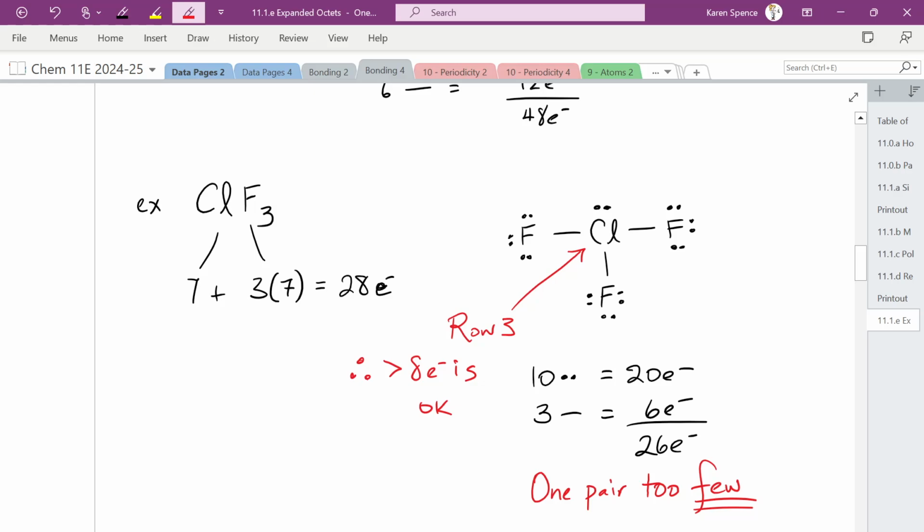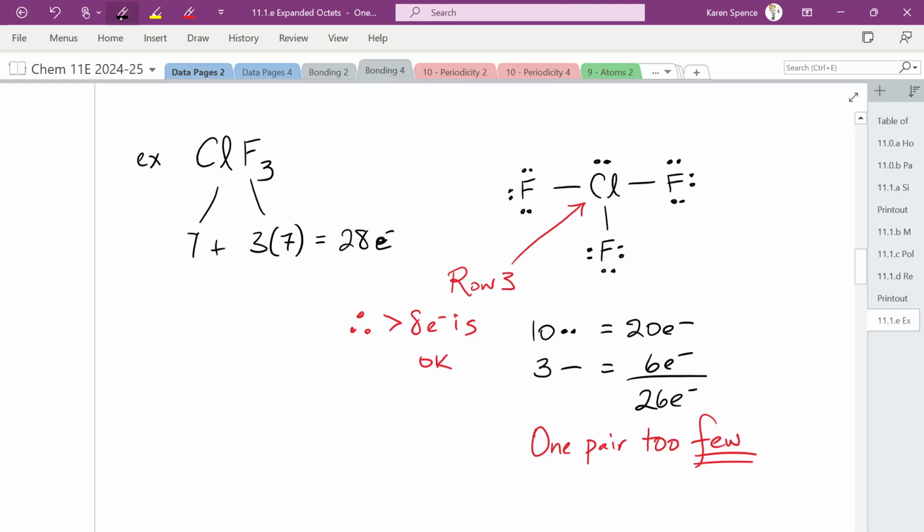So check out your central atom, make sure it can accommodate more than 8, that it's in row 3 or below, and then you can say, okay, I got Cl. Instead of having just 1 pair at the top, I'm going to put 2 pairs at the top.